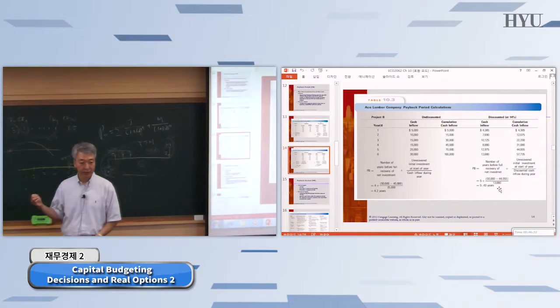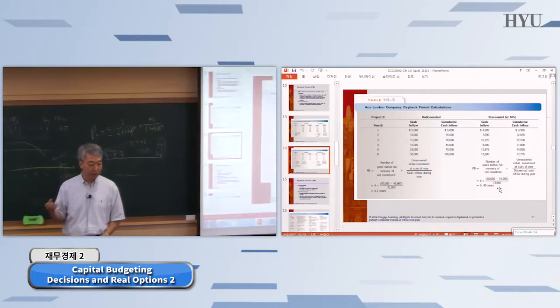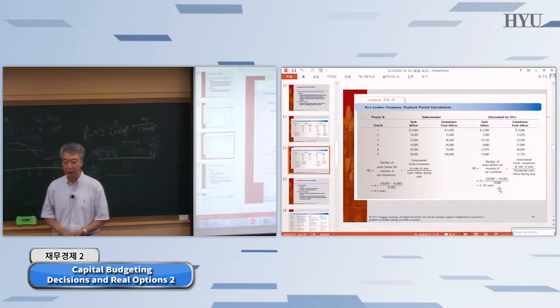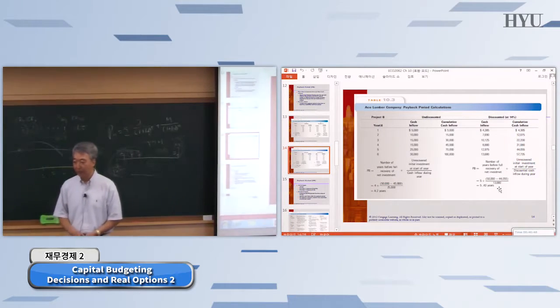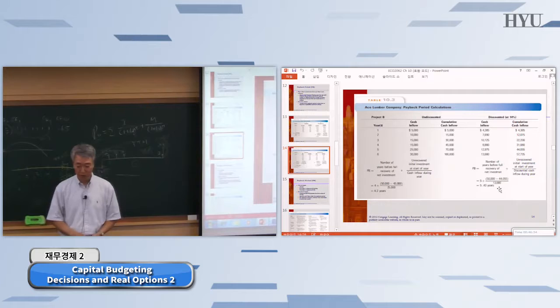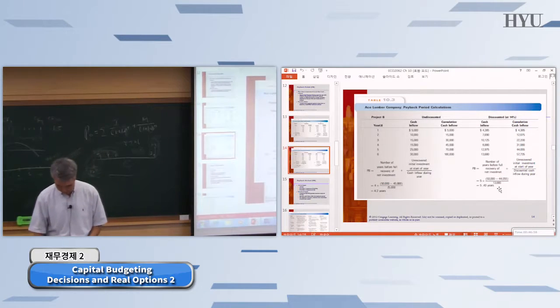Doesn't make sense, because your ultimate goal is to increase or maximize shareholders' wealth. And if you're really pressed by money or liquidity, and you really have to pay back 50,000 within 6 years, then maybe you can choose this project. But otherwise, it doesn't make sense to ignore the future cash flows.